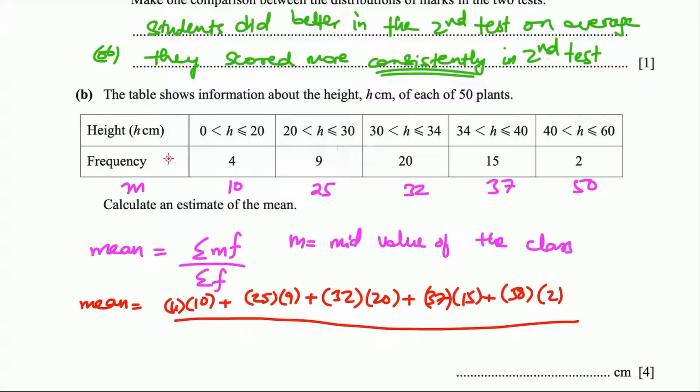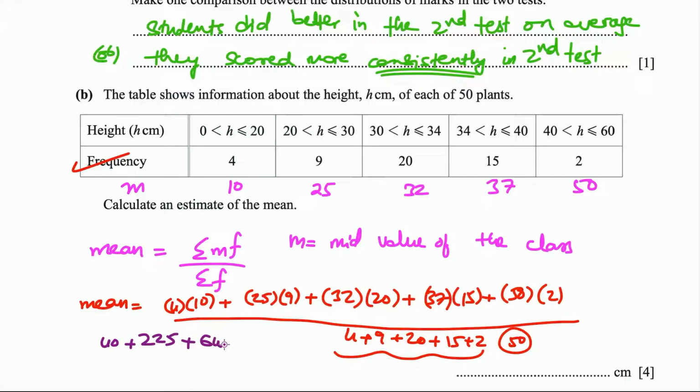I mistakenly wrote m values, so we are talking about these values: 4 plus 9 plus 20 plus 15 plus 2, and we already know this is equal to 50 because they have already given that. Now 4 into 10 is 40, 25 into 9 is 225, 32 into 20 is 640, 37 into 15 is 555, and 50 into 2 is 100.